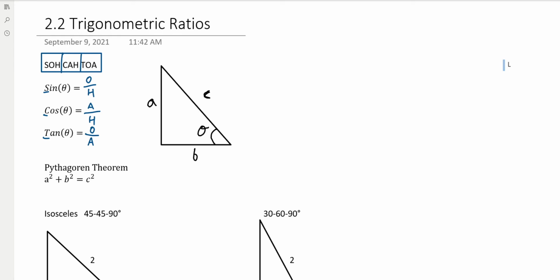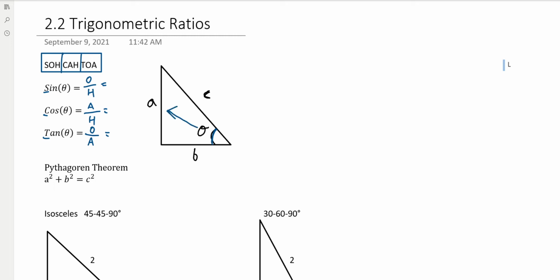All right. So with this triangle here, if our angle is down here at the bottom, as shown, then what are these functions? Well, opposite of the angle is the side that's the furthest away.